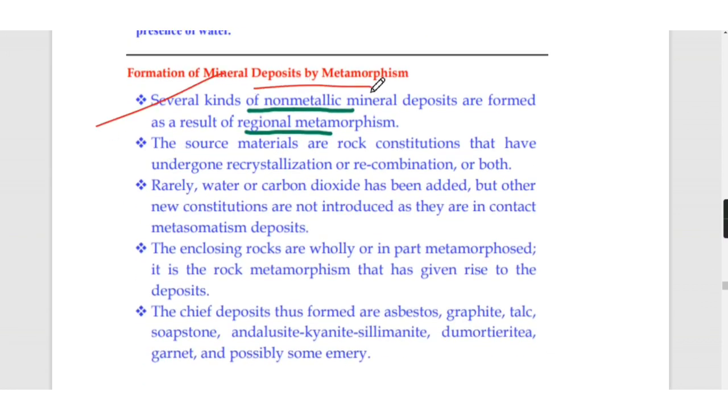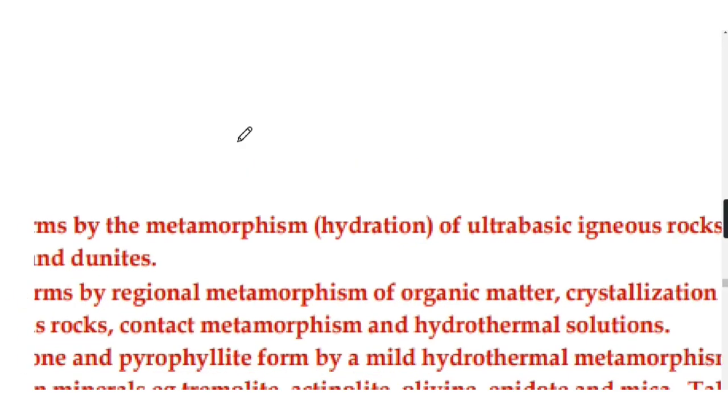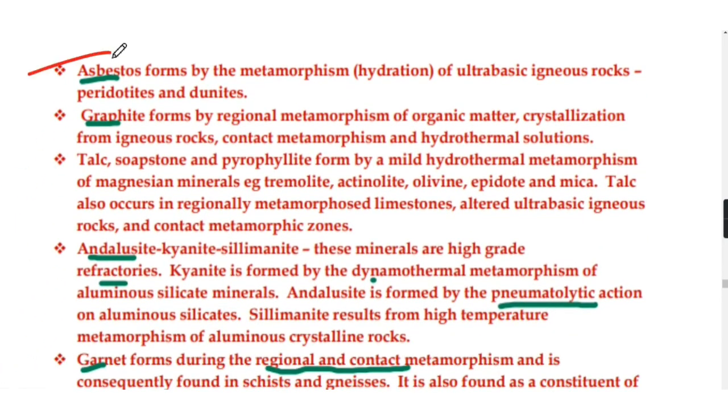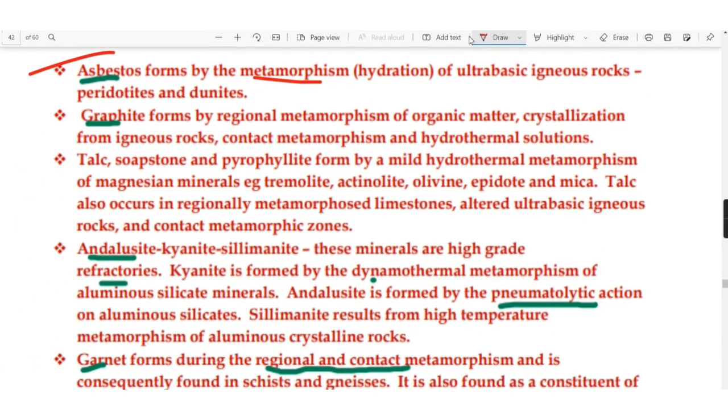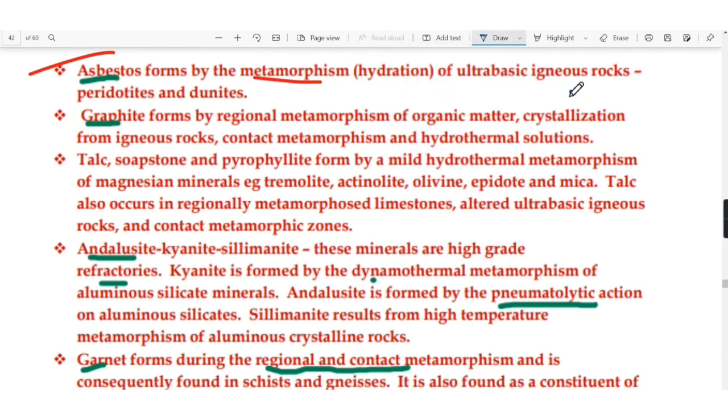Formation of mineral deposits by metamorphism. Several kinds of non-metallic minerals get deposited due to regional metamorphism. A few examples: asbestos is formed by the metamorphism of ultrabasic igneous rocks, which are peridotite and dunite. Graphite is formed by regional metamorphism.